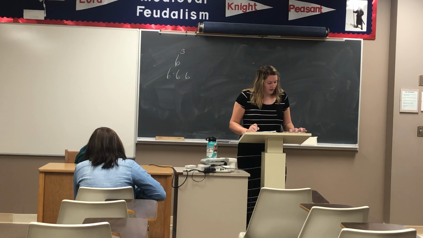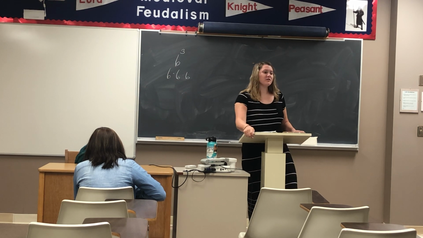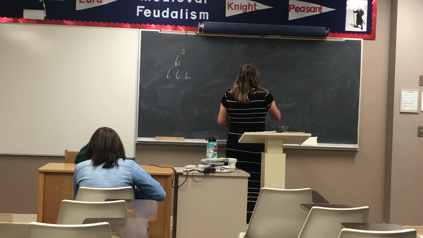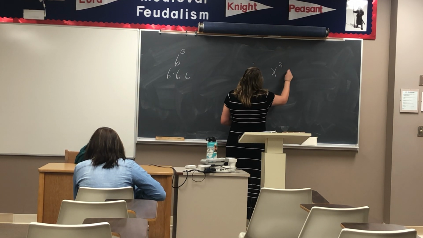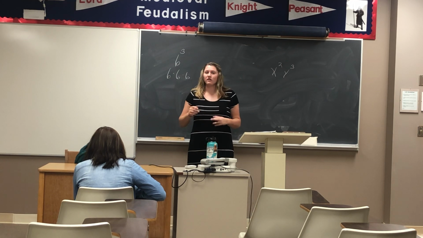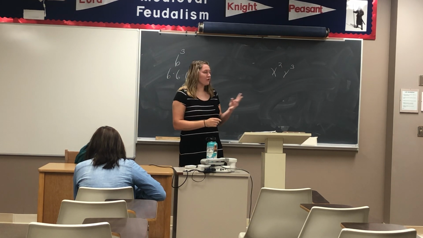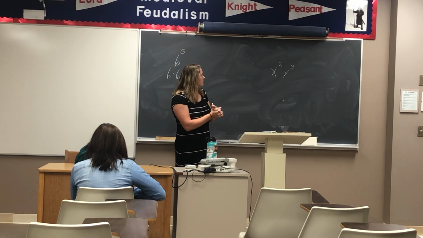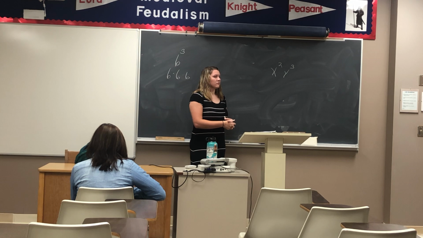So Tiffany, number 36. Now this one's a little different. If everybody's looking at number 36, Tiffany has x squared y cubed. So we don't just have one number or one letter. She has 2 different numbers and letters. So how would that go, Tiffany? You do x times x times y times y times y. Right.